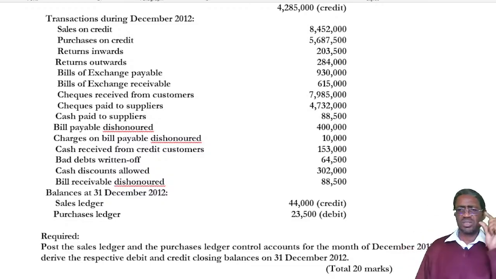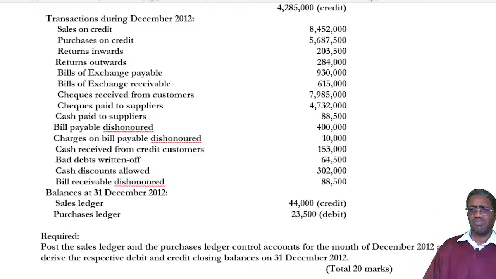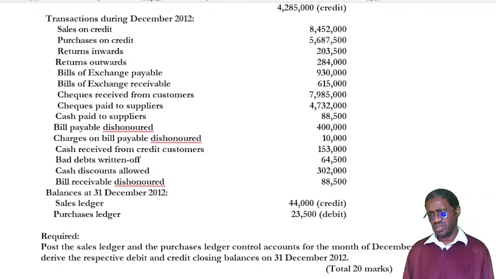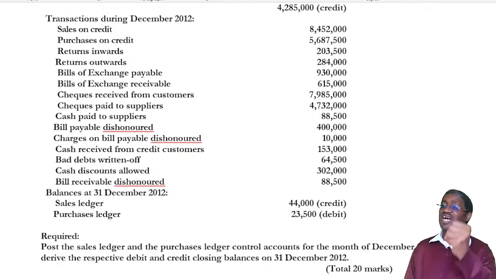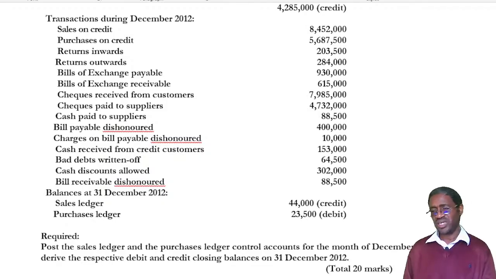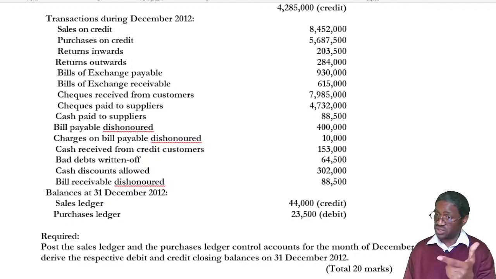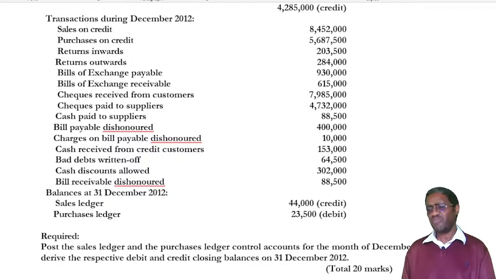After bad debts written off, we have discount allowed. Obviously, you normally allow your debtors. You normally don't allow your creditors. Creditors are the ones that give you a discount. So if it was discount received, it will go to the creditors. This one is discount allowed. And it is you, the business, who allows your customers a discount.